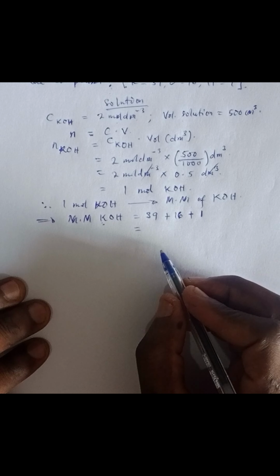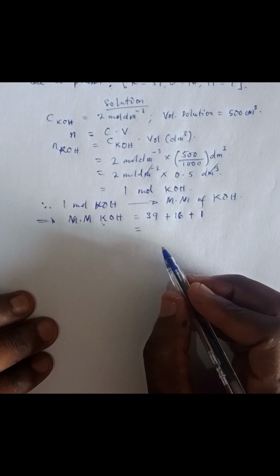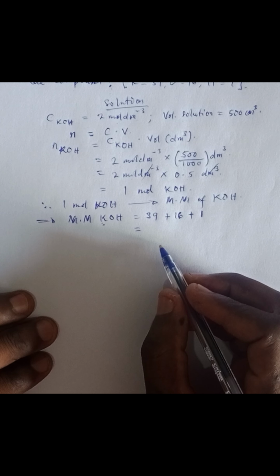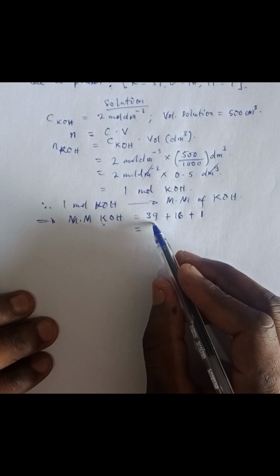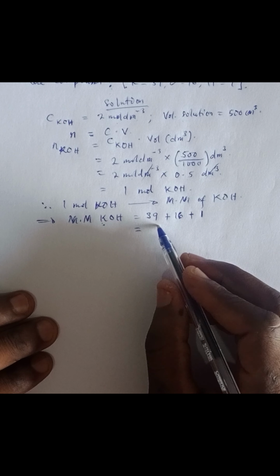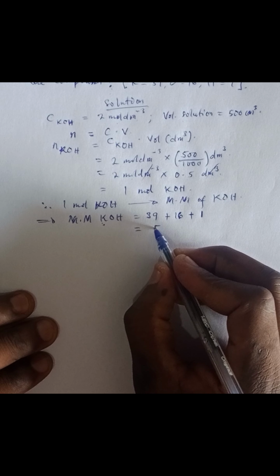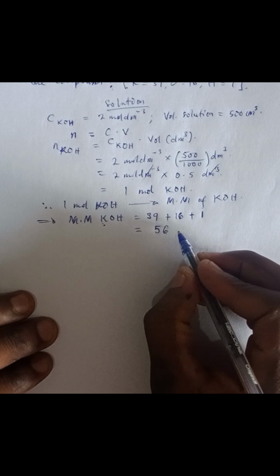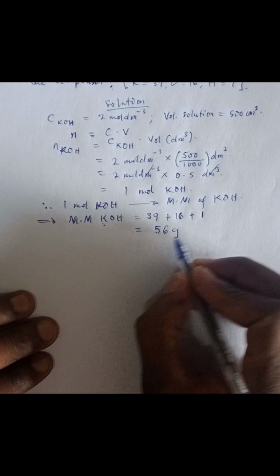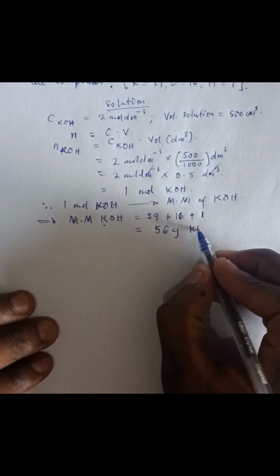Now add everything together. What are we going to get? If this one is added to this, that will be 40. 40 plus 16, that will be 56 grams of KOH.